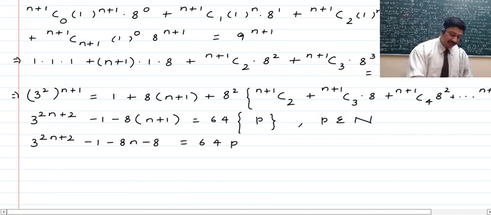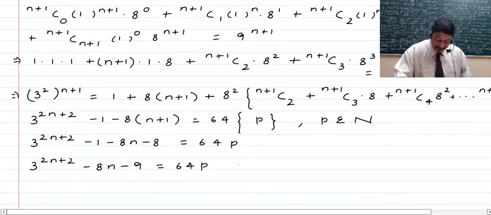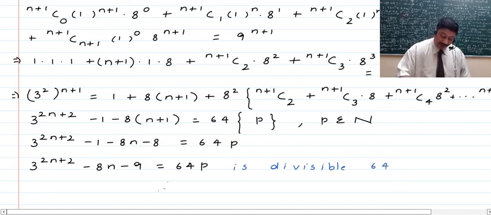Next, we further solve the left hand side, which comes to 3 raised to the power 2n plus 2 minus 8n minus 9 is equal to 64p. Obviously this is divisible by 64, and this children is what we had to prove, therefore we can say that this stands proved.